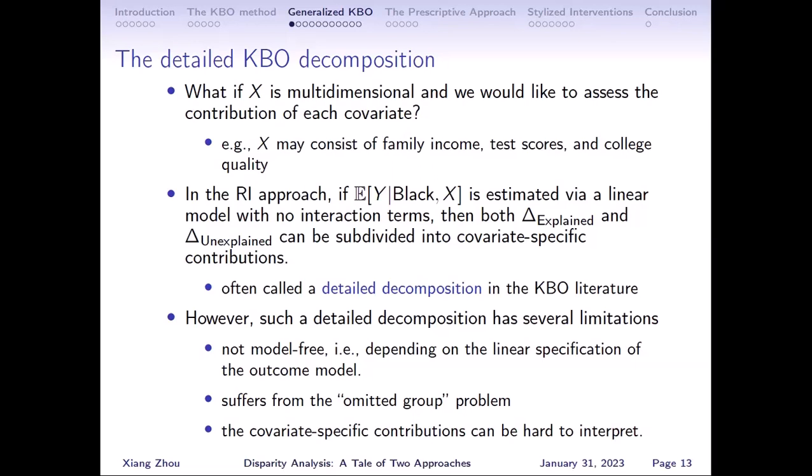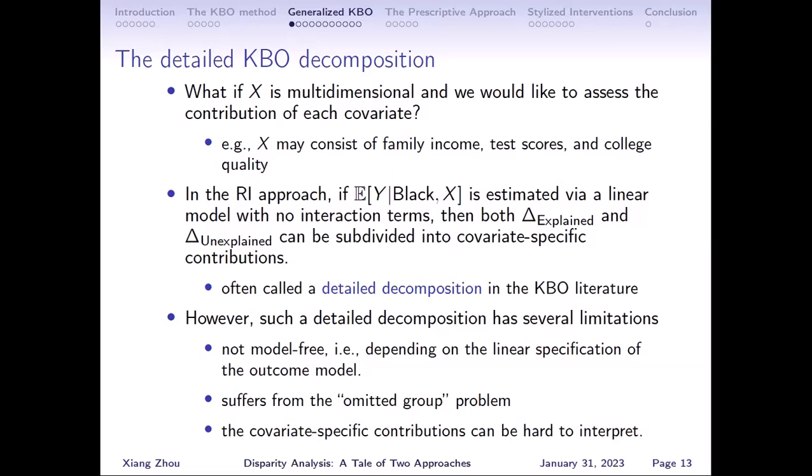So in such cases, we might want to tease out the contributions of these covariates in a sequential manner. We want to see how much of the gap family income differences can contribute, right? Then how much of the remaining gap test scores contribute, right? Rather than treating these covariates entirely symmetrically as in the detailed decomposition.